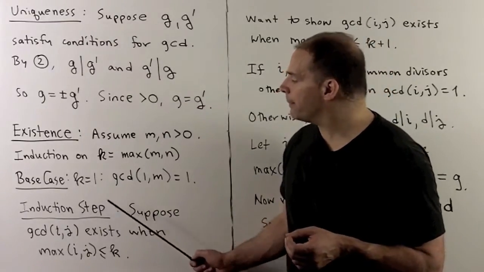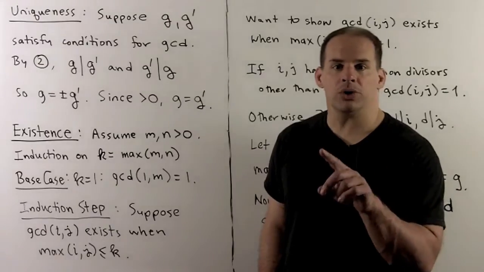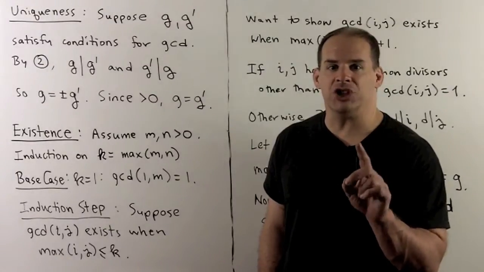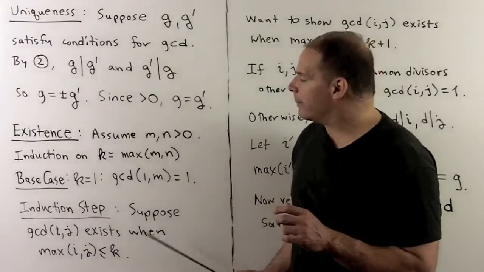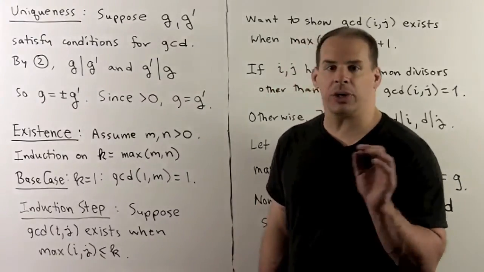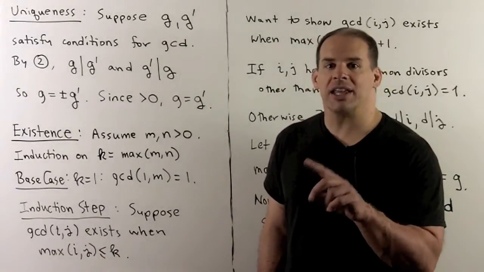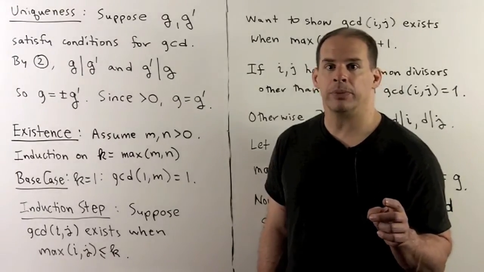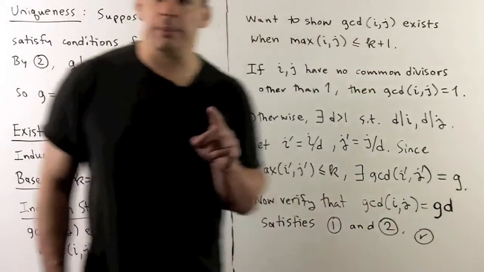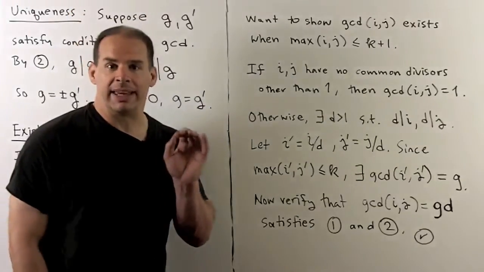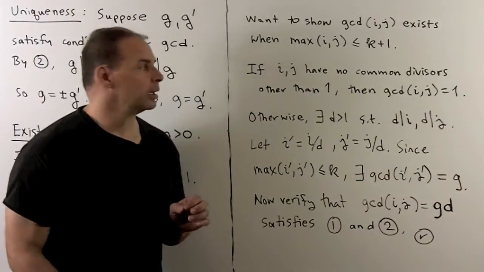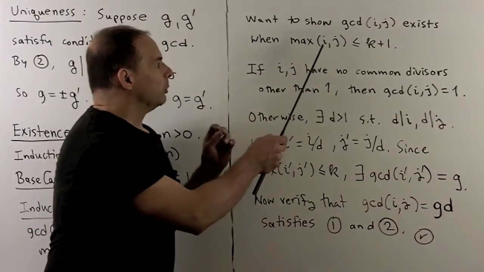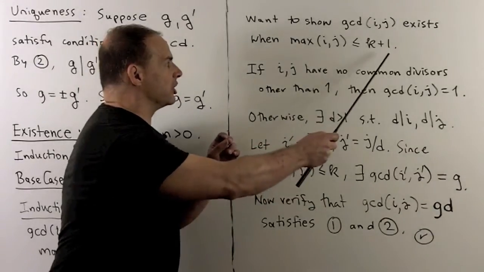For the induction step, we suppose the greatest common divisor of i and j exists when the maximum of i and j is less than or equal to k. Or just i is less than or equal to k and j is less than or equal to k. I want to show that same statement with k replaced by k plus 1. Now, we pick an i and j satisfying this condition.